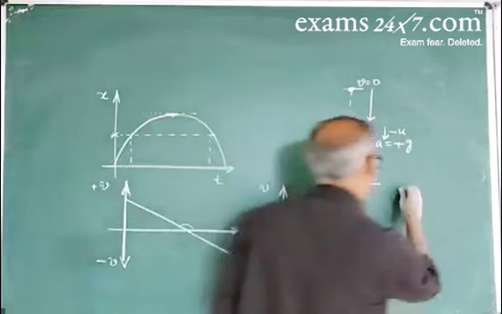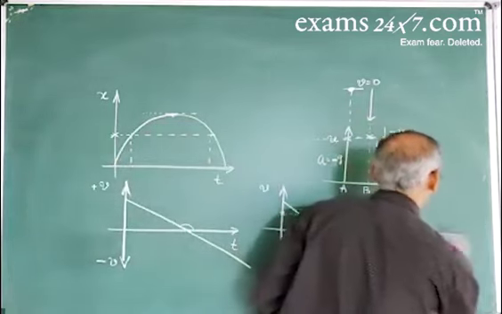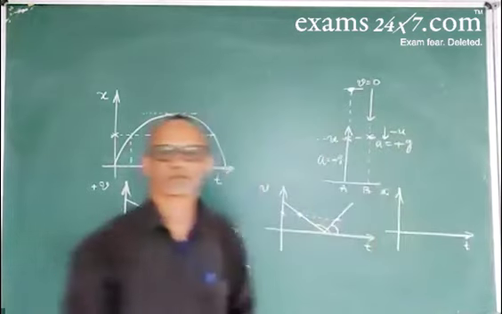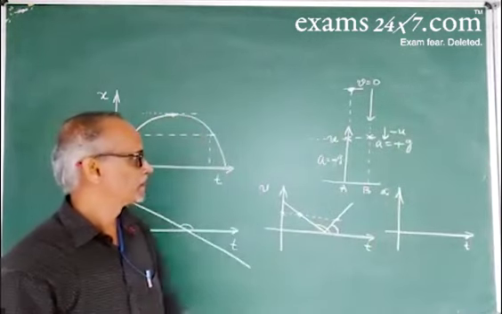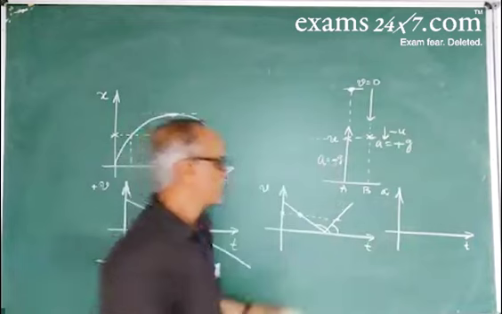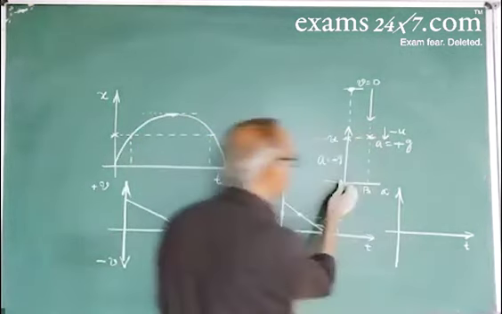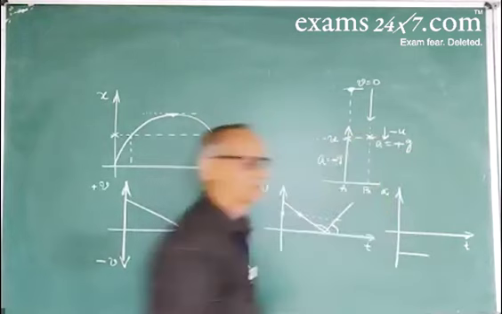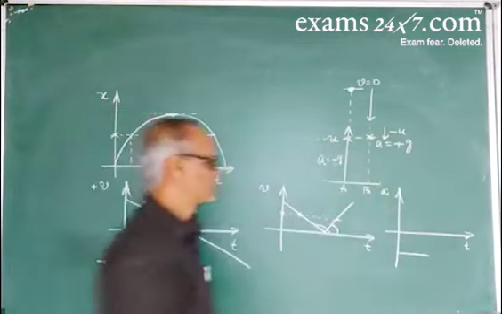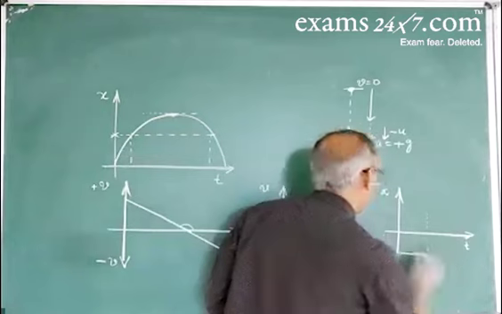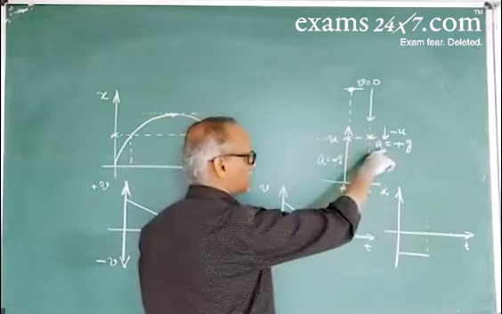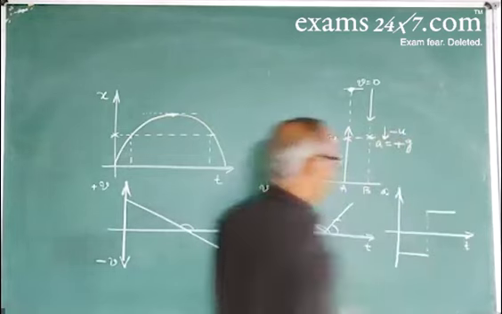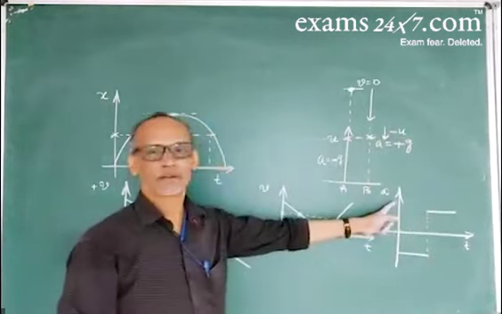And the last is the acceleration versus time graph, the at graph. For upward motion, a is negative, so it's a straight line, and since it's a constant, it's parallel to the time axis. Then a becomes positive, again a constant, so again it's parallel, but in the positive, or first, quadrant.